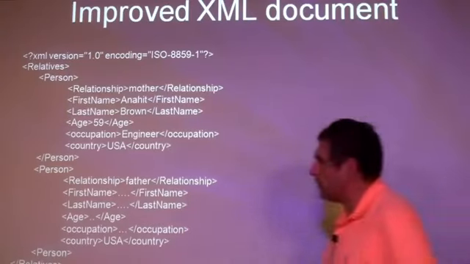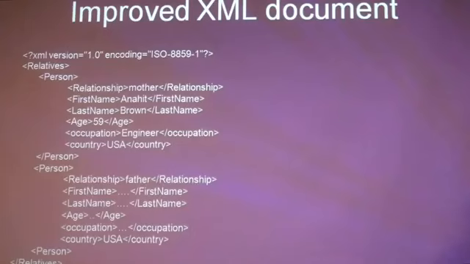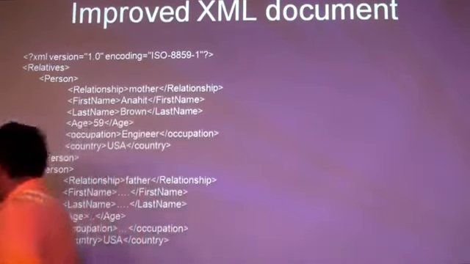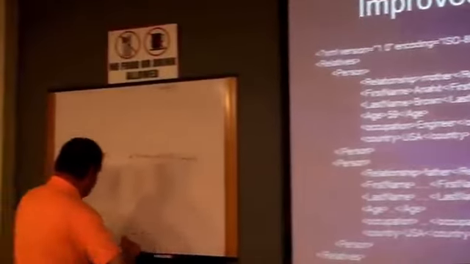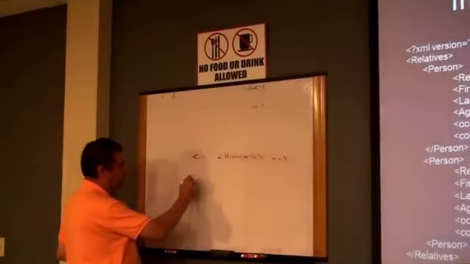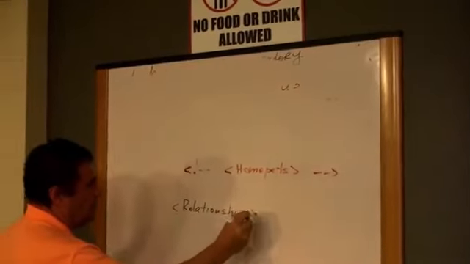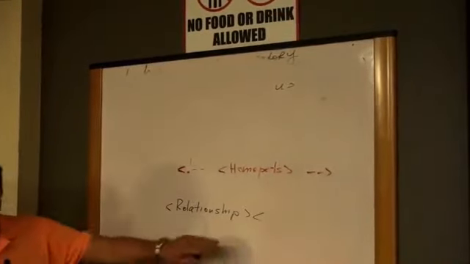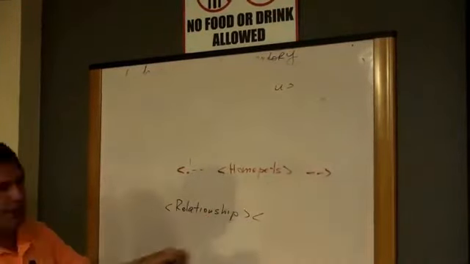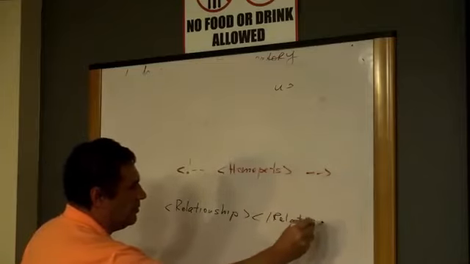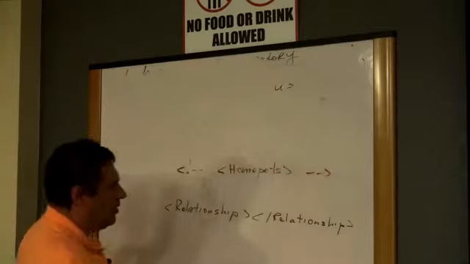What you do in this case, let me grab some pen. So what you can say here, you can say relationship and specify no value, like no space here, and then close relationship.